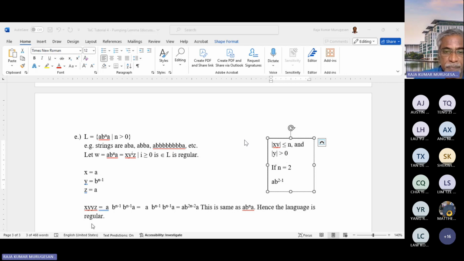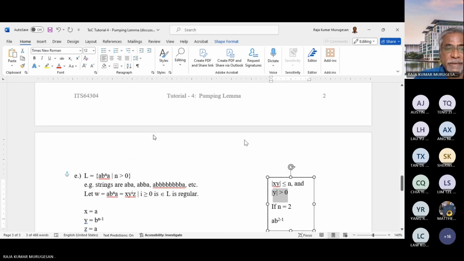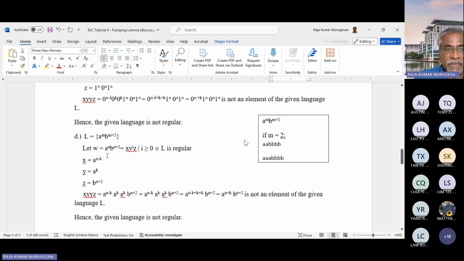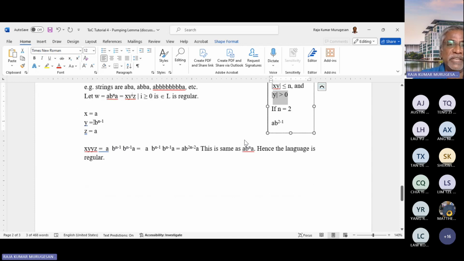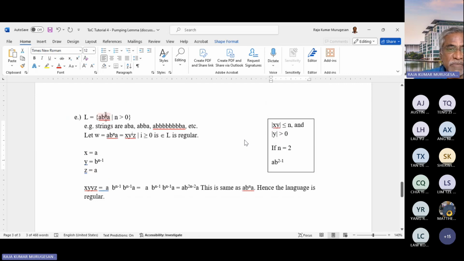Any other question before we leave? The question allows n is equal to 1. Okay, I understand. So what we usually do is, whenever we go for the pumping, I use a different variable. I don't use the same variable here.